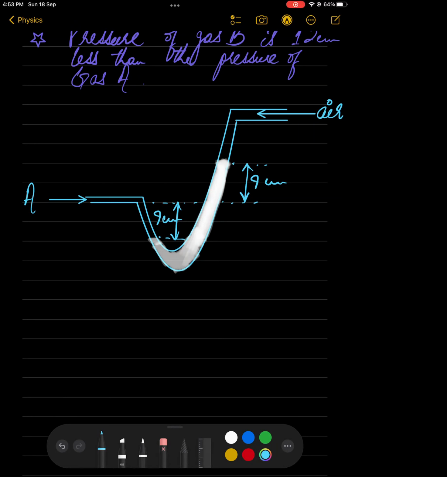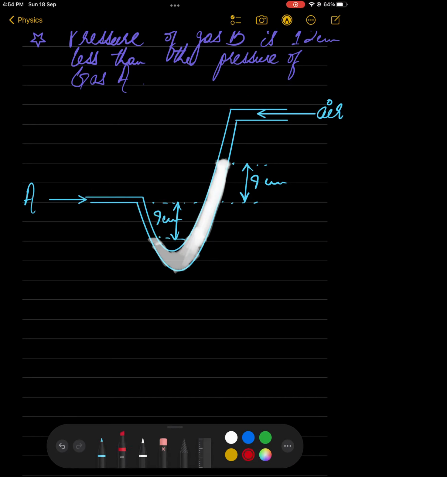Yes, A is having more pressure. ऐसा क्यों है? If you see, गैस A की साइड से मरकरी नीचे जा चुका है. From the side of gas A, mercury has gone downwards, while from air's side, mercury has gone upwards. तो गैस A का प्रेशर of course definitely ज्यादा है compared to air.